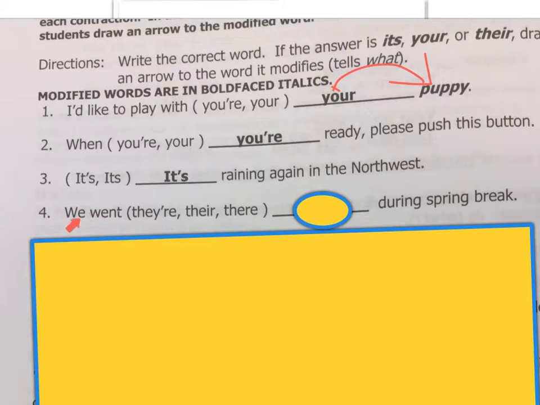Number 4. We went there during spring break. We went they are during spring break. We went there what? We went there where? During spring break. So let's check it. Yep.